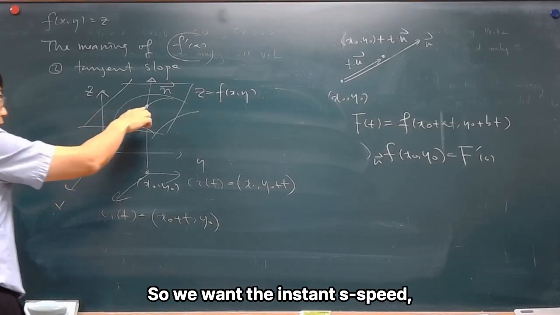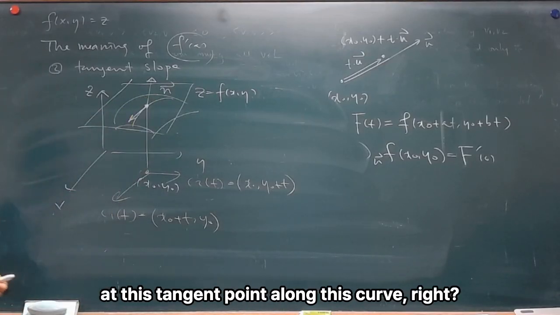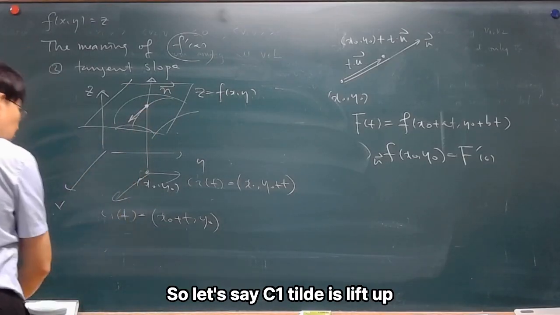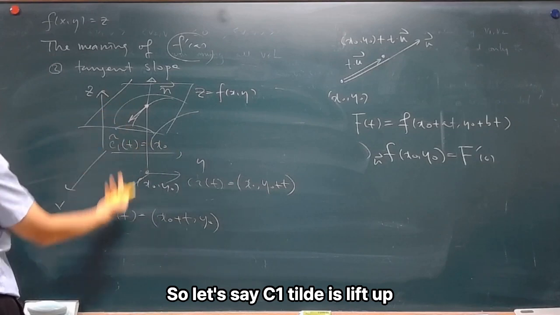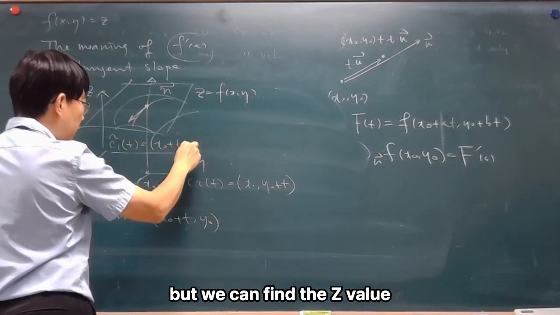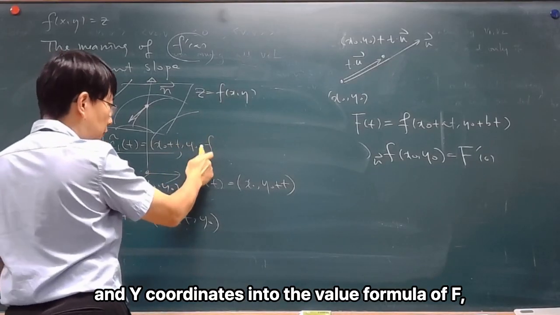So we want the instant velocity at this tangent point along this curve, right? Let's say C1 tilde is the lift of C1(t). The z value we can find by plugging these x and y coordinates into the formula of f.